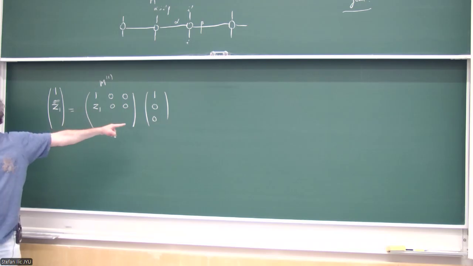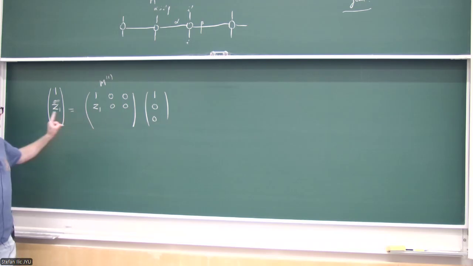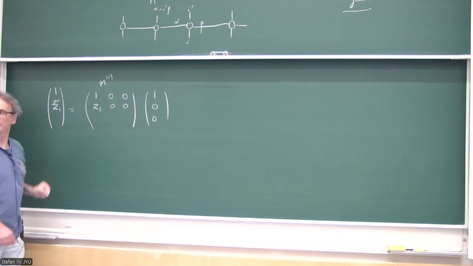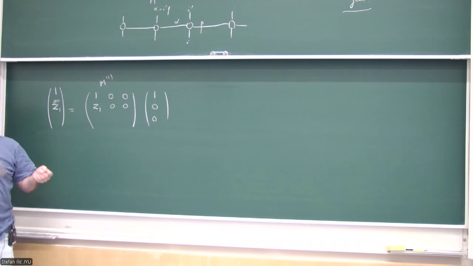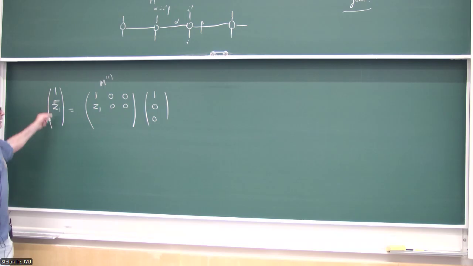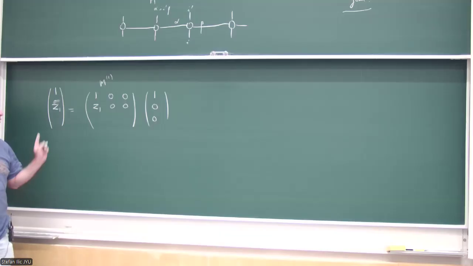This one? 3. I mean, 3 times, so it's 6 times 2. So it's 3 matrices which are 2 by 2. Yeah, good question.